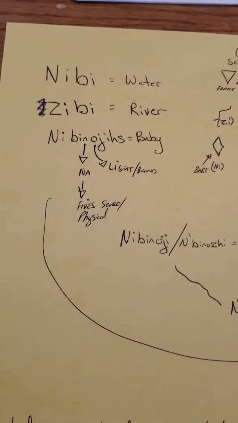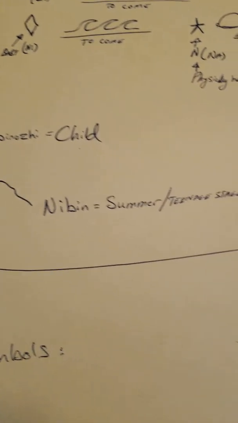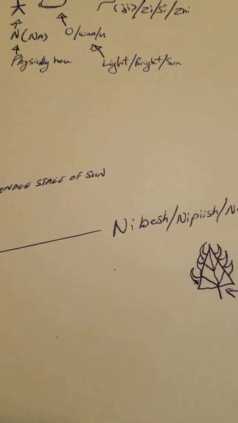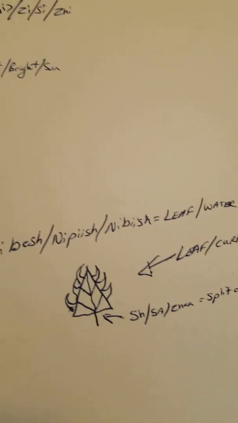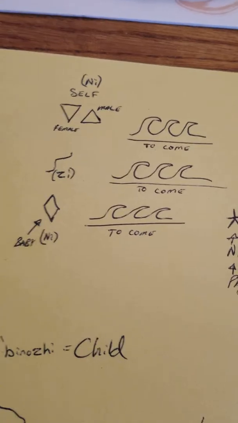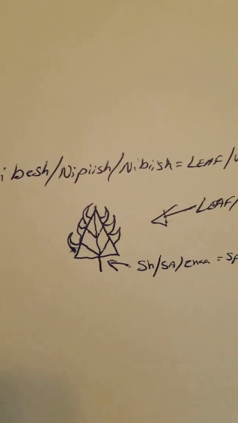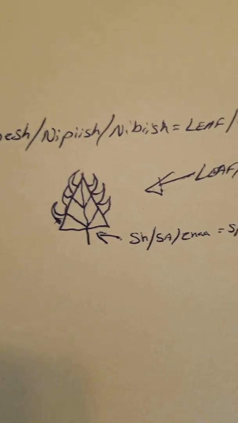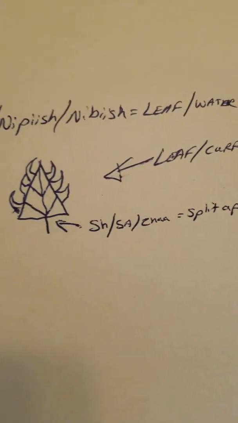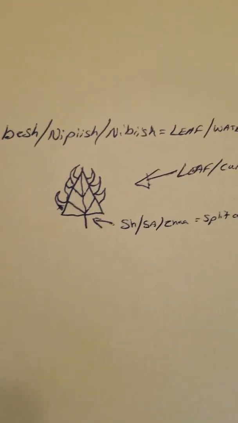I know it's a lot to sink in, but I have a review for you. So you're going back to Nibin, and then you want to say the word Nibish, Nipish, Nibish. It also means leaf or water. So taking those same symbols, you can put them together however you like, because there's many varieties of leaves and water. So it gives you the sa or sha at the end, the split apart, the separation. See all the little splits just like water or current.